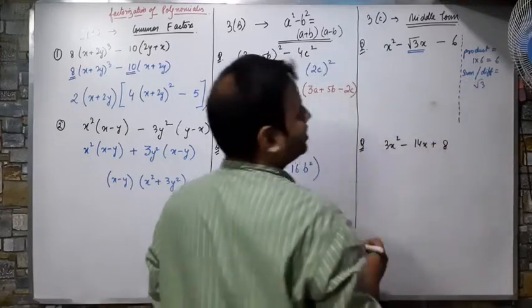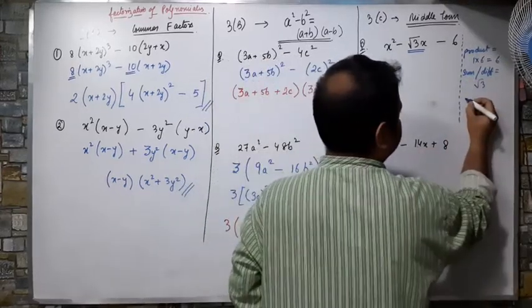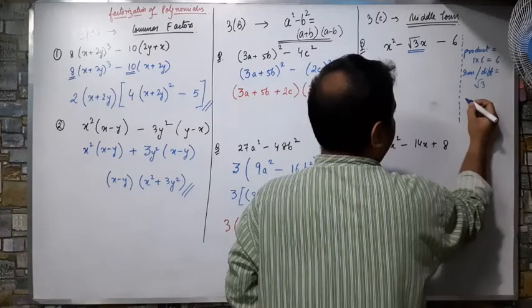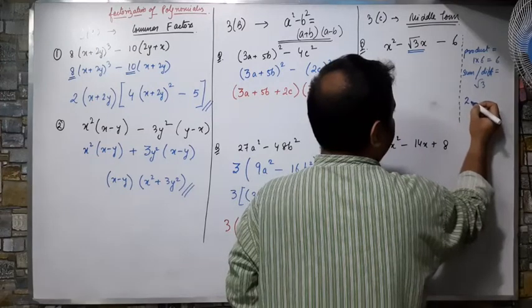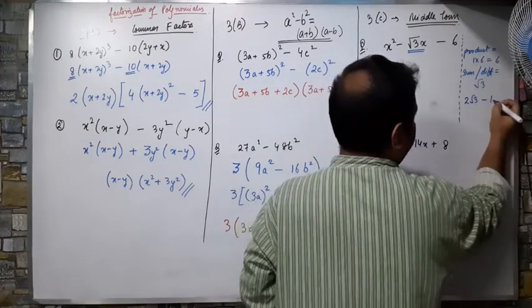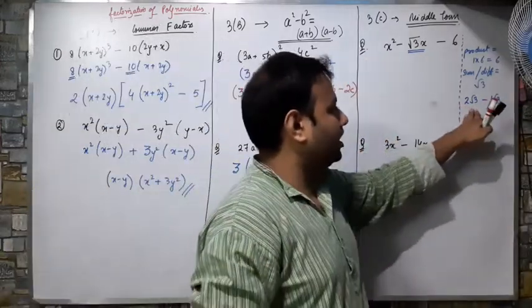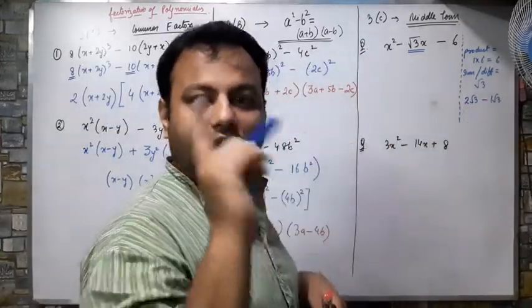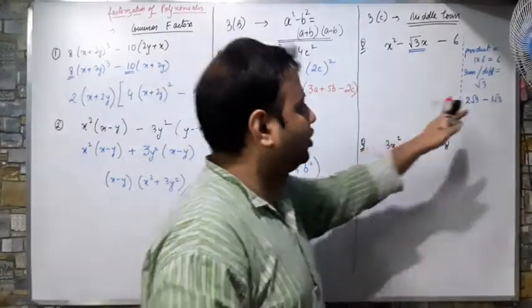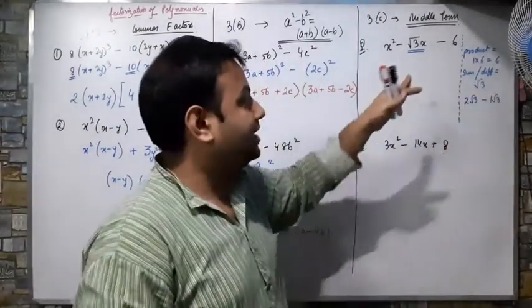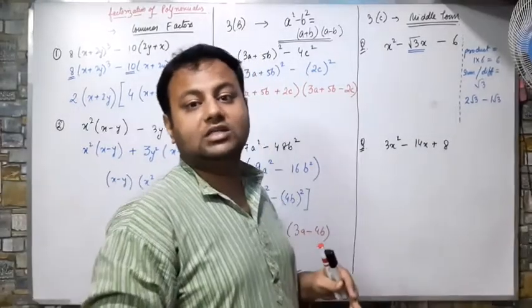I am getting those numbers as 2 root 3 minus 1 root 3. What will I get? 1 root 3, or simply root 3. And 2 root 3 into 1 root 3 is 2 into 3, that is equal to 6.